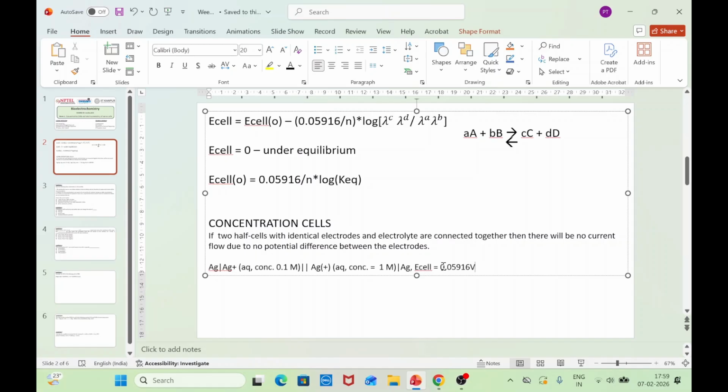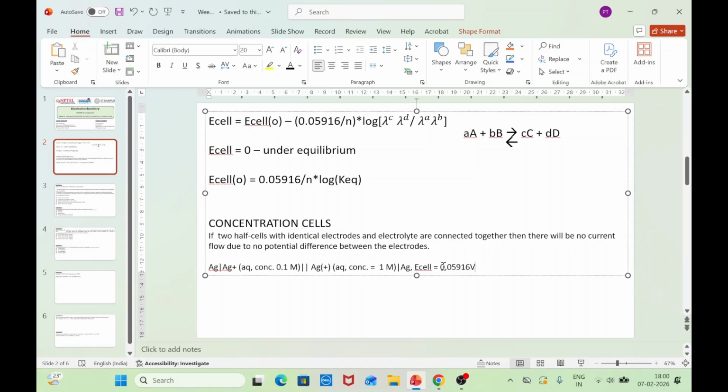So in the majority of biological systems, the concept of concentration cells is often used, because the half cells that we are discussing here are going to have similar electrodes and similar electrolytes.